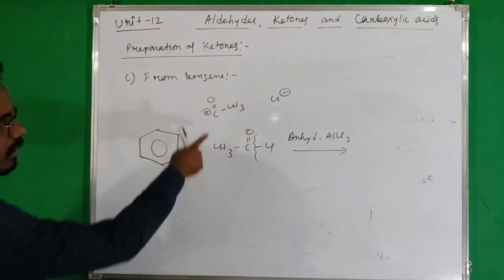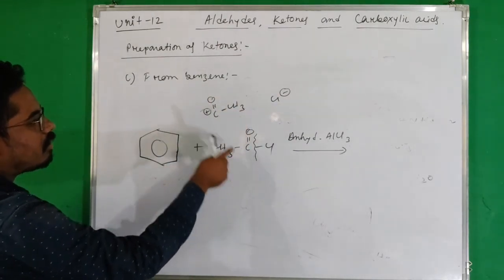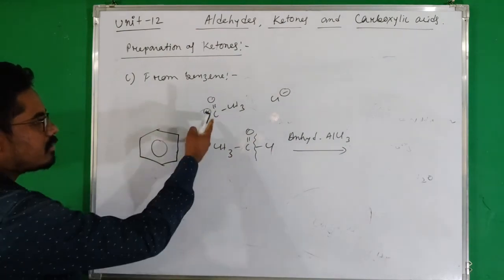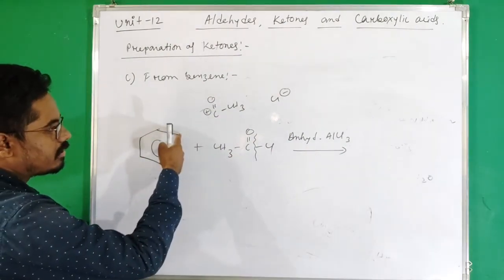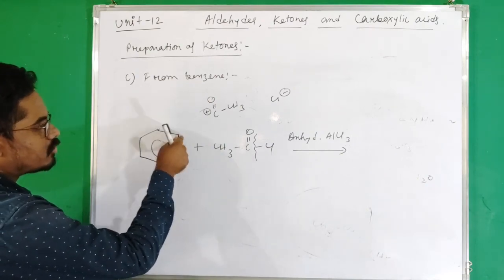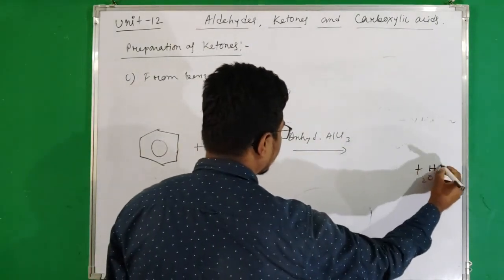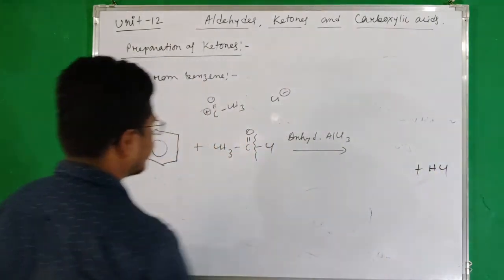This part of the acyl chloride will attach with the benzene ring, replacing one hydrogen atom, and that H positive ion will combine with chlorine to give HCl as side product.